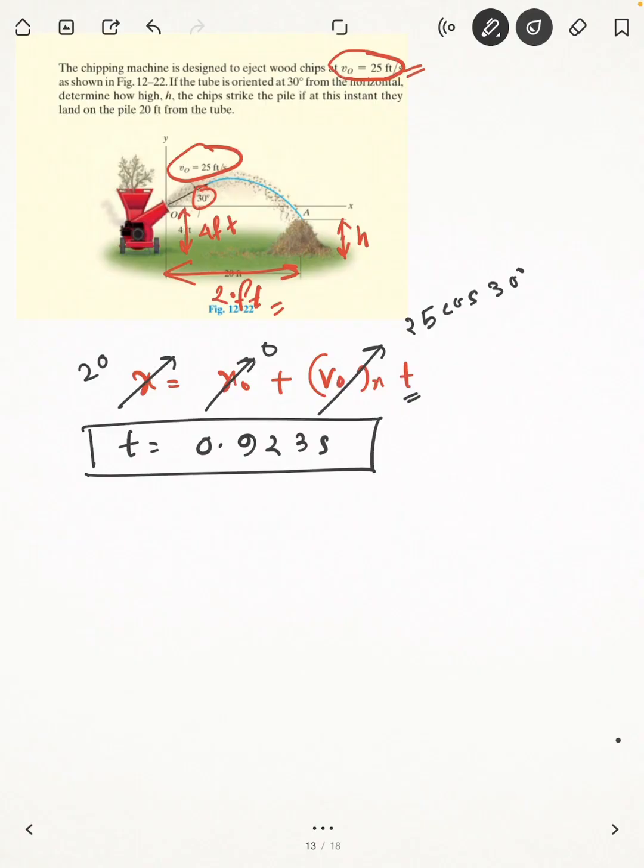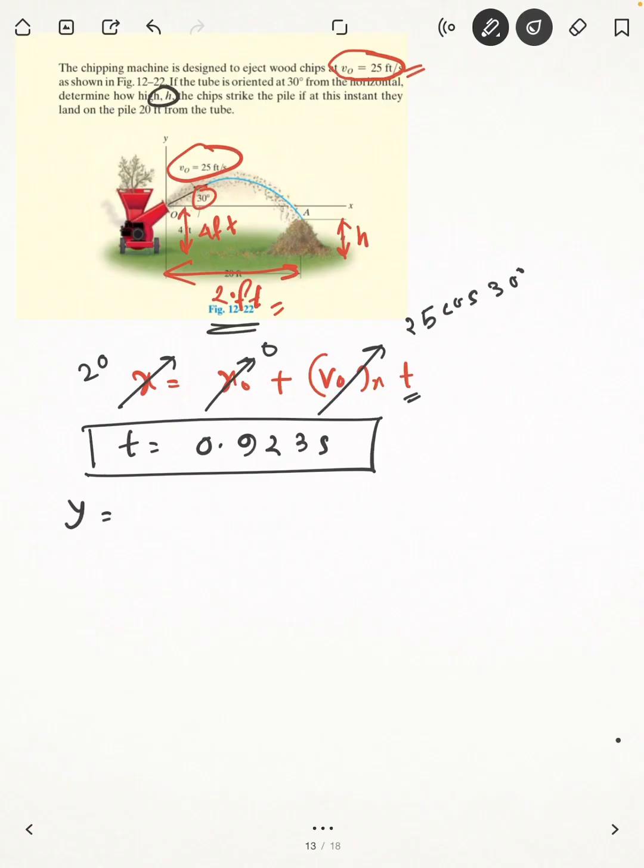Okay, so that is the time that it will take this wood chip to reach this 20 feet horizontal distance. Okay, so one problem is done. Now what we're asked is to find the h. So how can you find this h? We have to use the y equation.